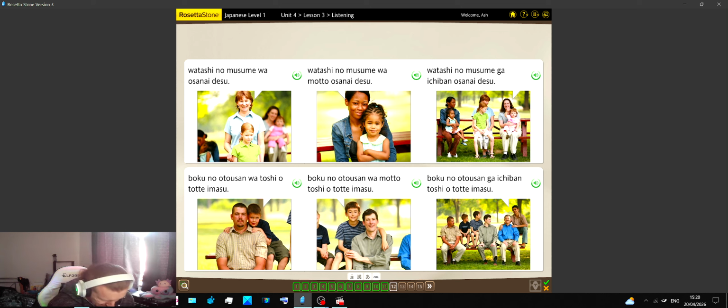I can hear now what I'm listening for. In that exercise, I'm purely listening to which one's motto and which one's ichiban. Because as soon as I know which one's the end and which one's the middle, you know which one the beginning is. That won't necessarily give us what we're after in figuring out what the sentence is actually saying. So I was listening for what this sentence is telling me, who's got the youngest child, or in this case, who's got the oldest dad.